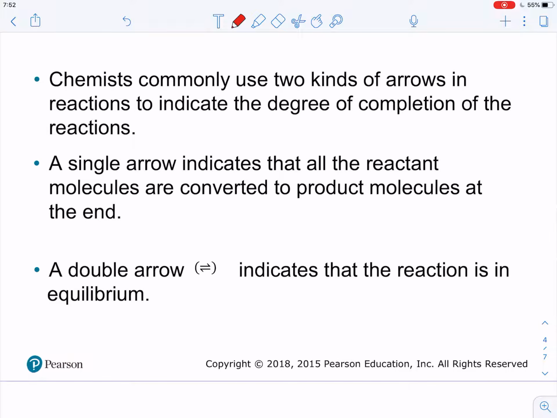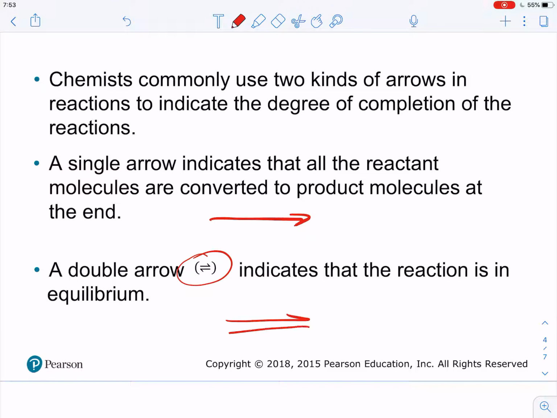So normally, if you have a reaction in which the products don't have a tendency to regenerate the reactants, all of the reactants are consumed and you obtain only products at the end of the reaction, there is no reaction going back, then we use the forward direction arrow. Okay, but when you have a reversible reaction in which the products can regenerate the reactants, then you use a double arrow.